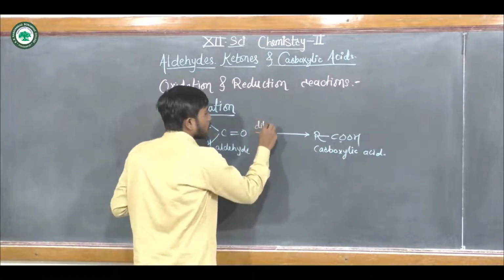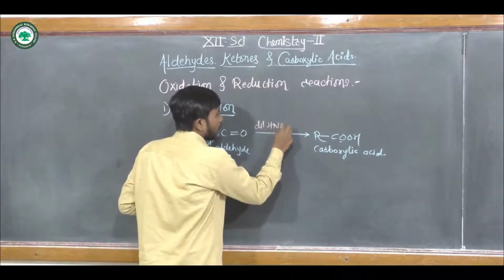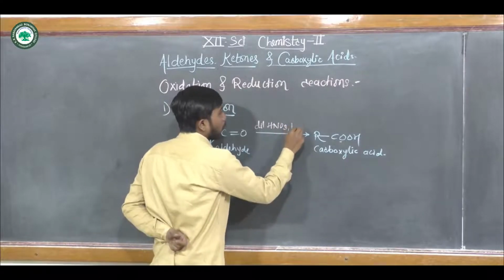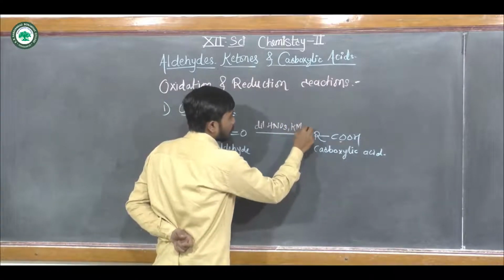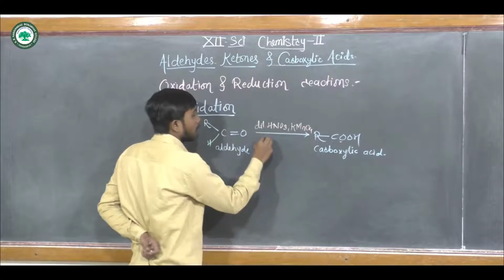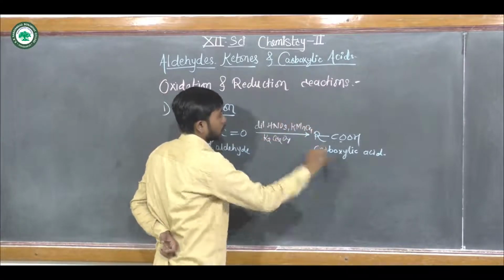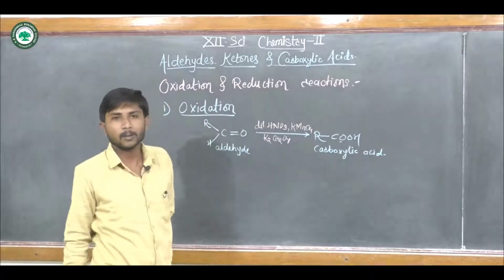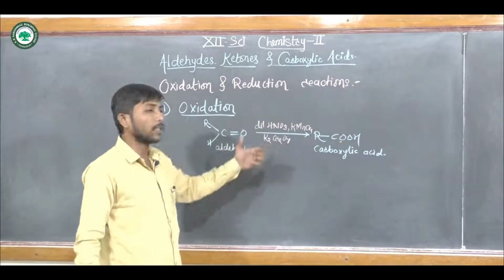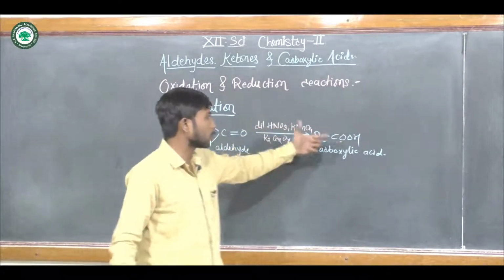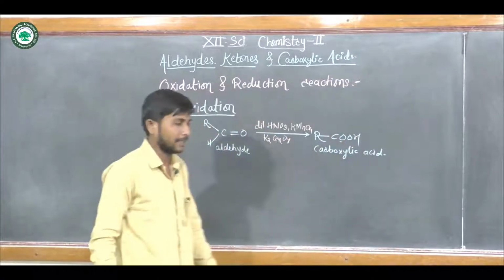Here we can use dilute nitric acid, potassium permanganate or potassium dichromate, which oxidize these aldehydes to the corresponding carboxylic acid.